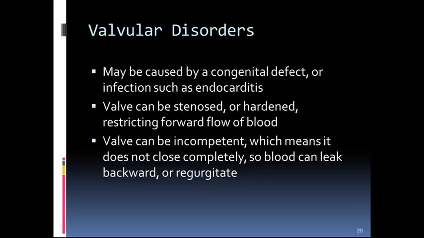This happens over time, especially with our patients with high cholesterol. Valves can be incompetent, which means it does not close completely, so there is leaking or backward flow, or regurgitation. Oftentimes this happens with our mitral valve, that valve between the left atrium and the left ventricle.